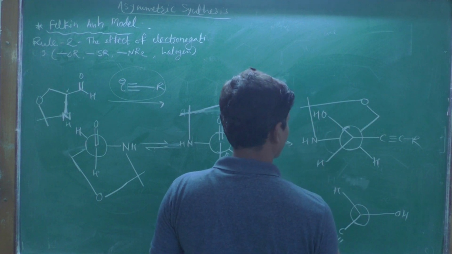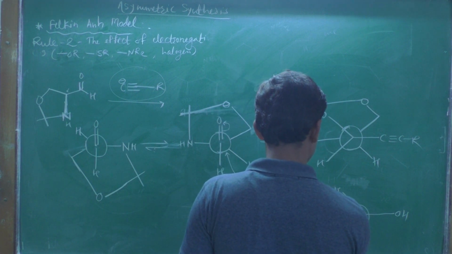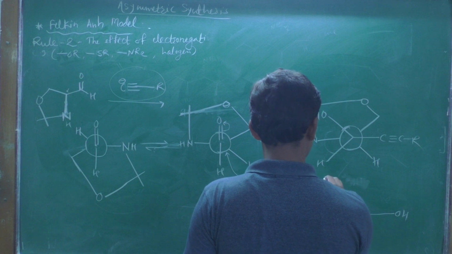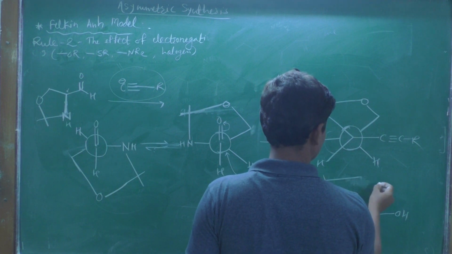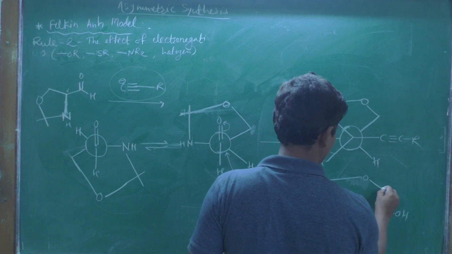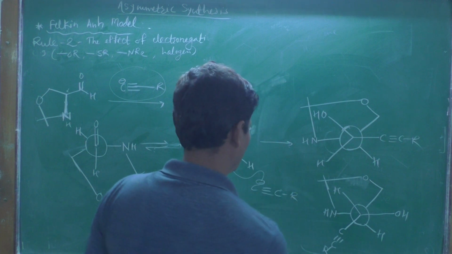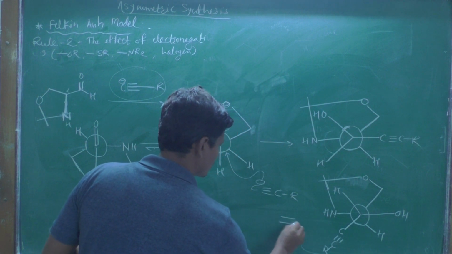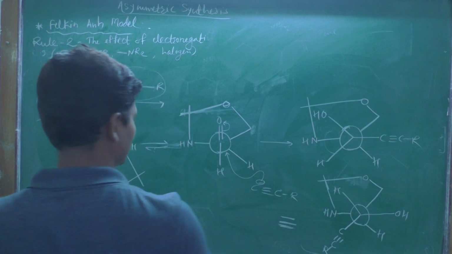Okay, and the remaining substituents keeping as it is, that is NH, dimethyl group, oxygen, CH2, and here hydrogen. Now write this molecule in a zigzag manner, like this.